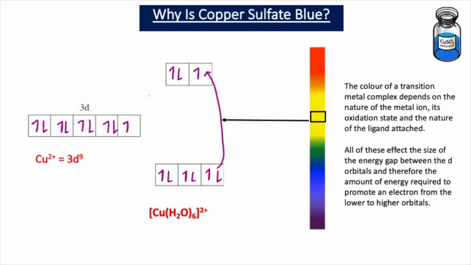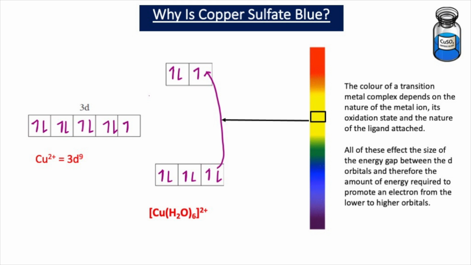When ligands surround a transition metal ion, the repulsion between the electrons on the ligands and the electrons on the transition metal ion causes the d orbitals, the d levels, to split, and this split in energy, the energy gap between the lower d orbitals and the higher d orbitals, determines the colour.